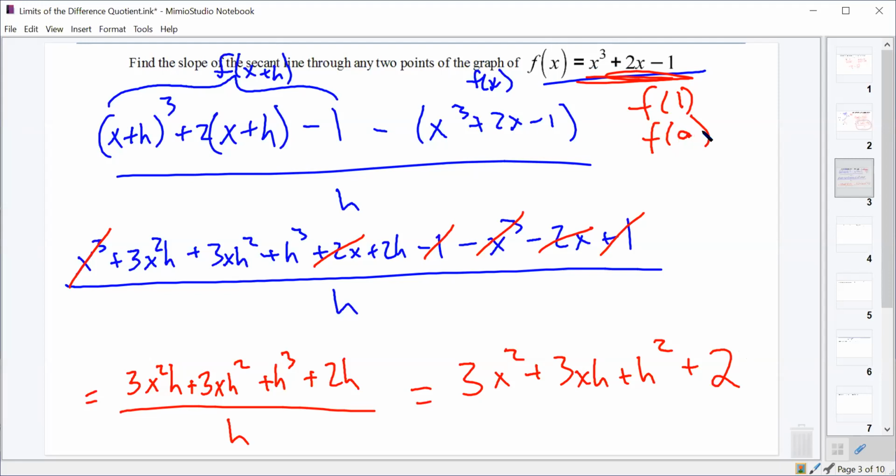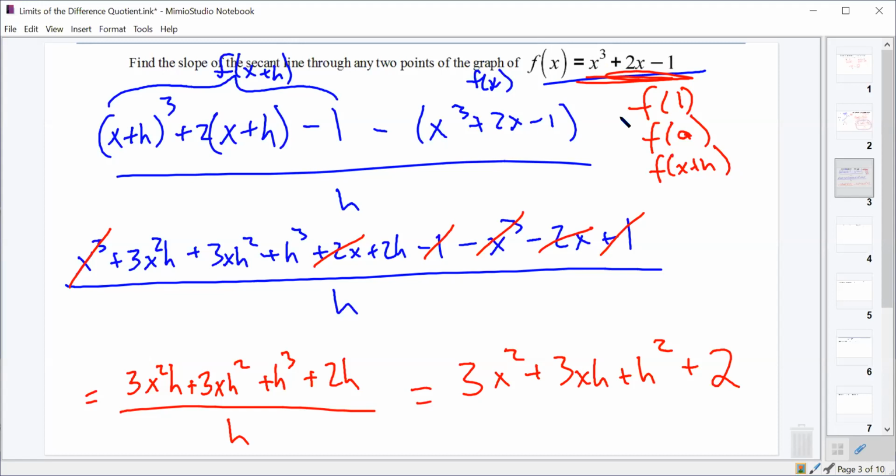What about f of a? f of a would be a cubed plus 2a minus 1. Well, we're interested in what is f of x plus h, so everywhere you see an x, replace it with x plus h. So x plus h cubed plus 2 times x plus h minus 1. Does that make more sense? Yeah, I got it now.